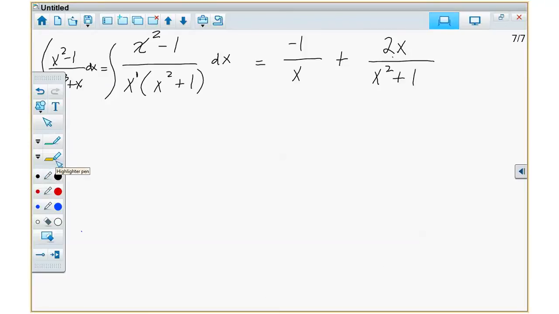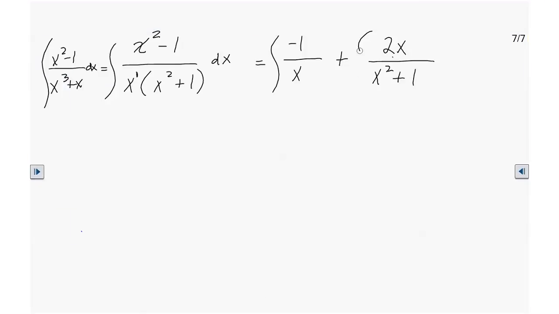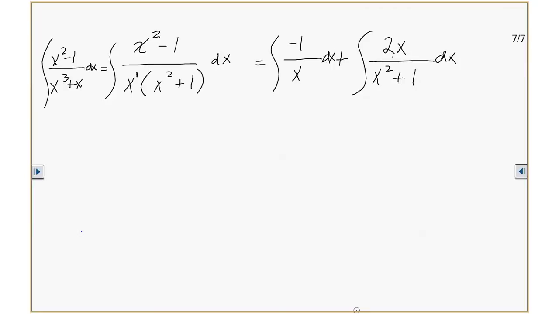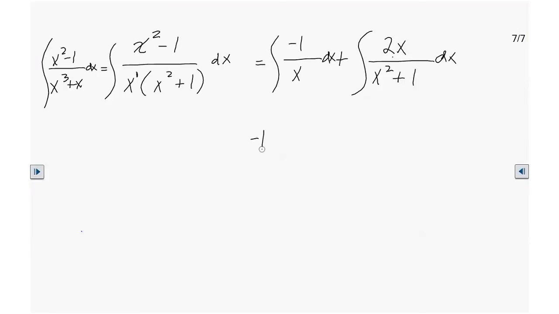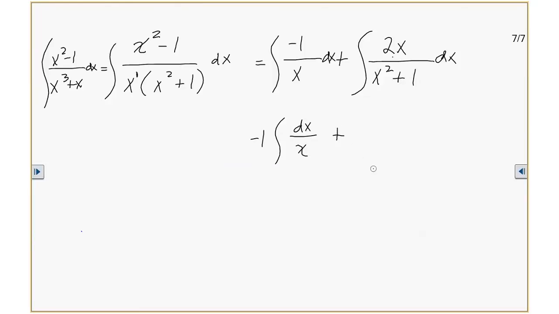So, the antiderivative. -1 dx over x plus 2x dx over x squared plus 1. You could factor the 2 out, but don't.